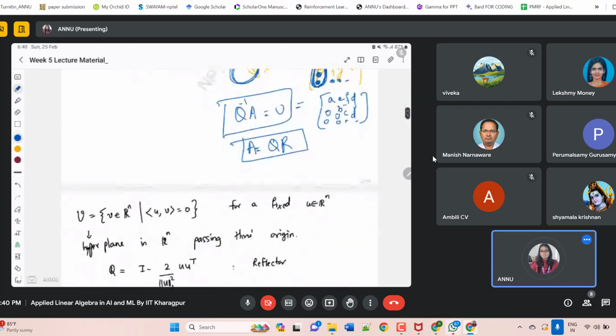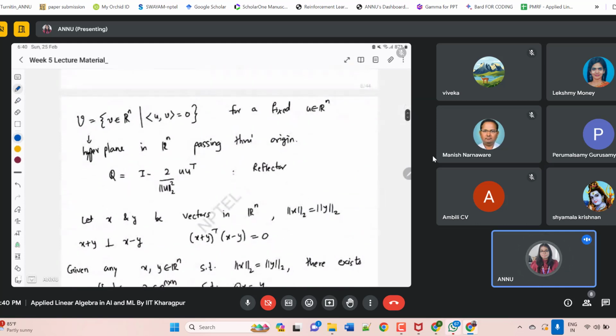Let's see this physically also. Suppose you have this vector V belonging to R power n such that U dot V will be 0 for some fixed U in R^n. Let's assume the similar plane, a subspace passing through origin. So this was the hyperplane in R power n passing through origin. In that case, our reflector was this thing.